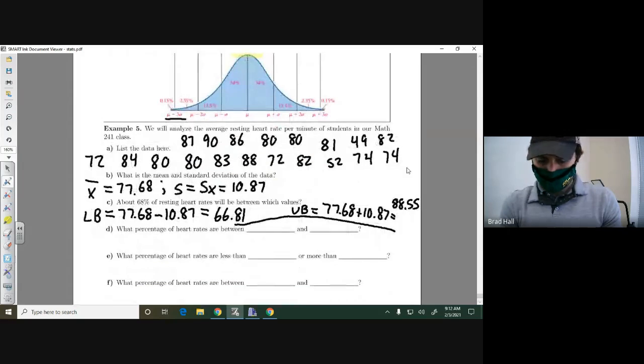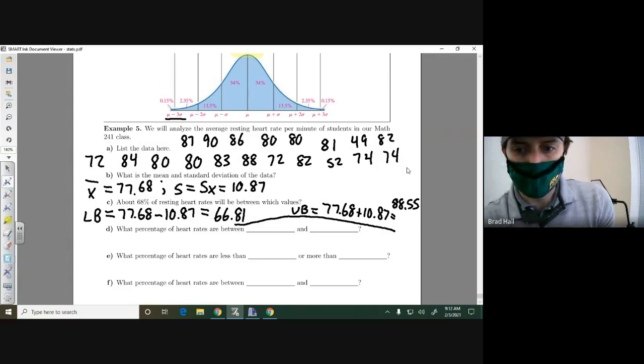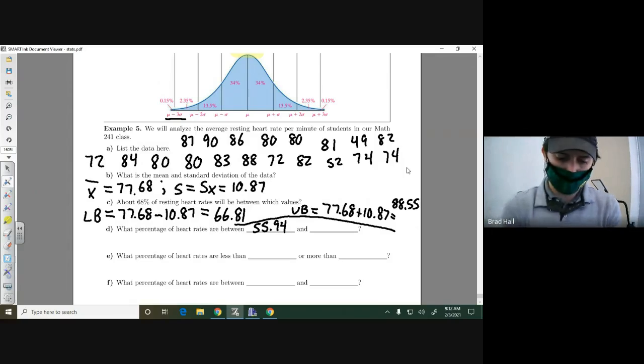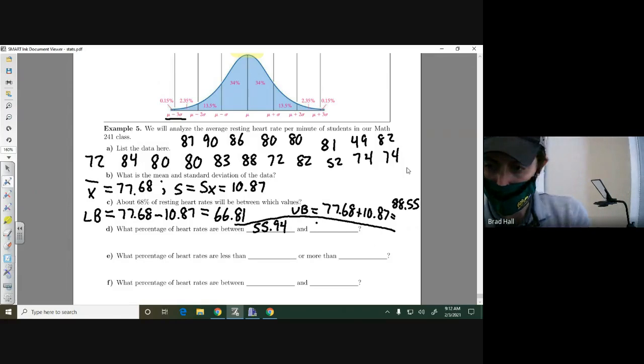For part D, I kind of have to create this one myself. So the first one I want is what percentage of heart rates are between 55.94 and what's the other one I want? 99.42.